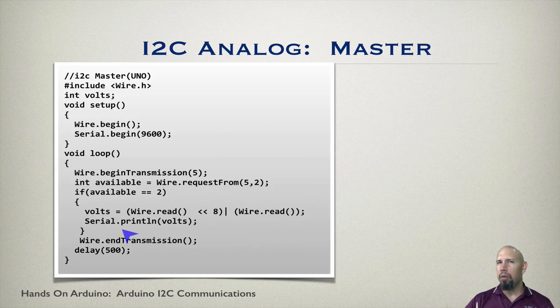For example, if only 1 byte was available, then you could display an error. This is one way of checking; you can do some error checking in all of this. As you can see, the master in this case is pretty straightforward. Let's move on to the slave.